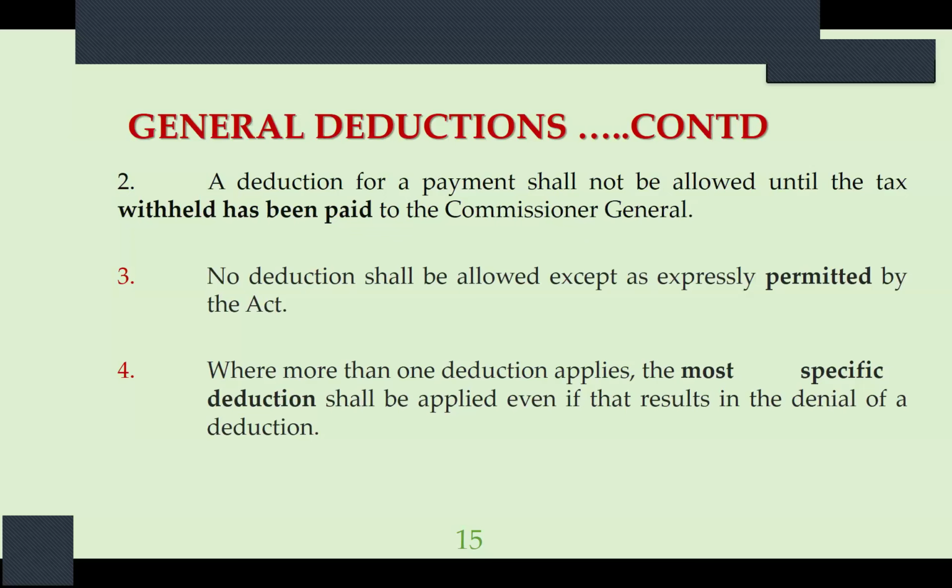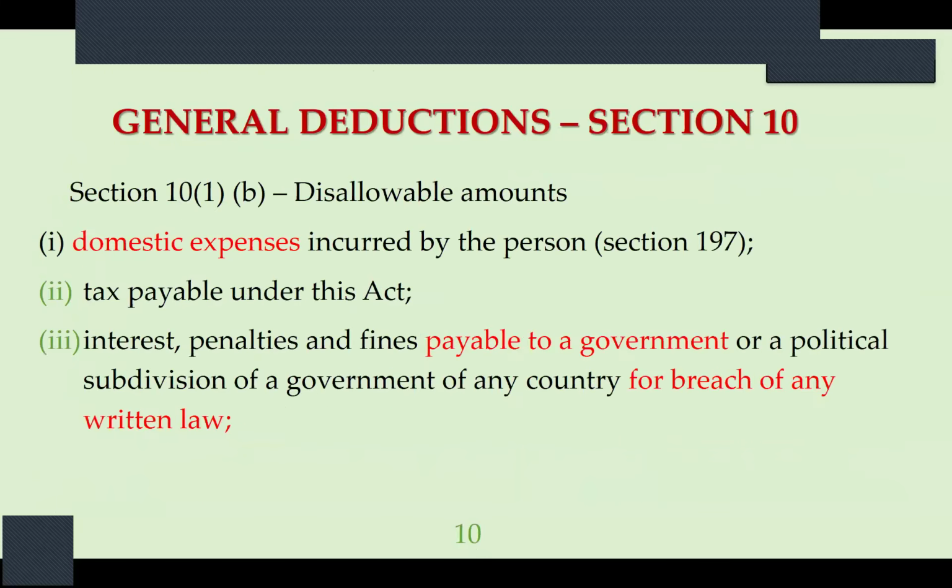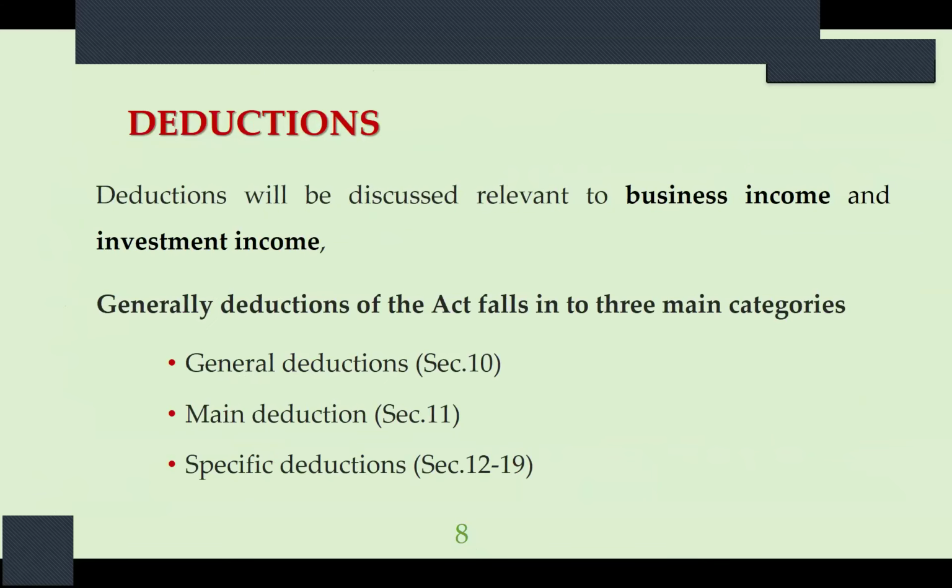The next one, if for the deduction of one expenditure, several rules are applicable, then we have to apply the most applicable specific deduction rule. That means, you can remember, I have mentioned these sections. Section 10 is for the general deduction, section 11 is for the main deduction rule.